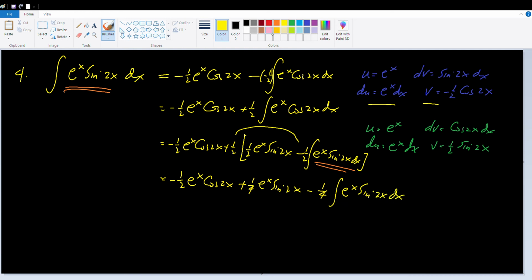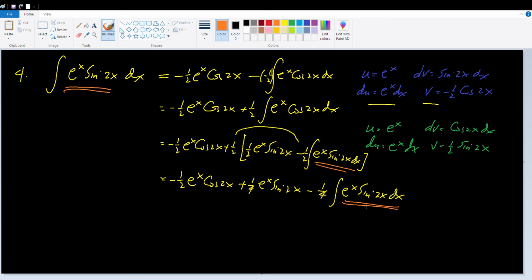So as mentioned earlier, the solution returns back to the expression e to the x sine 2x dx. What we will do at this point is transpose. If we apply a new integration by parts here, sine becomes cosine, and then iterating that, cosine becomes sine, and it will be a never-ending process.